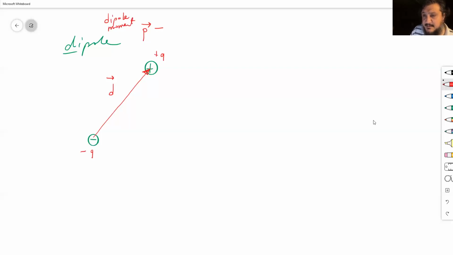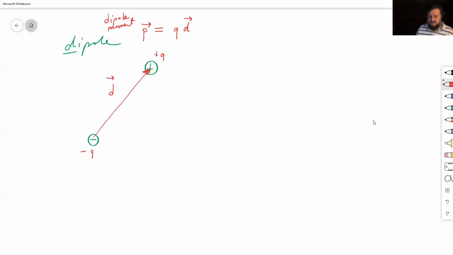But this is nothing but a vector made of the original vector D and the charges Q. So you just multiply Q by this vector D. All right, that's your dipole moment. Now, in some books, you may have it as 2QD. That's because they take the distance from the center, okay? Same idea. In my case, I called it D from one charge to the other, so it is still Q times D. It's called dipole moment.